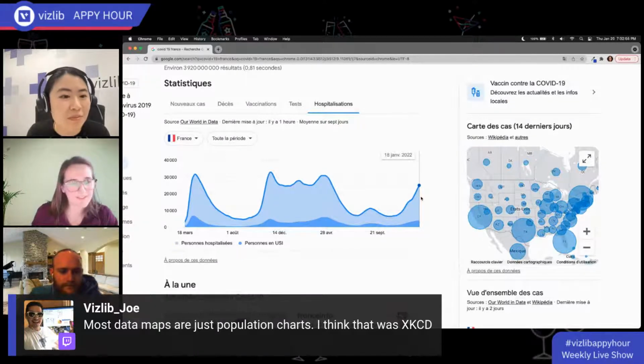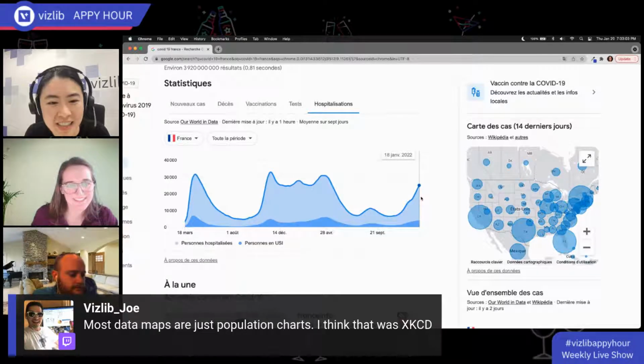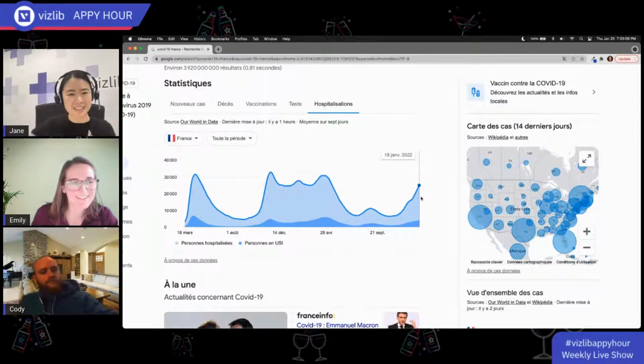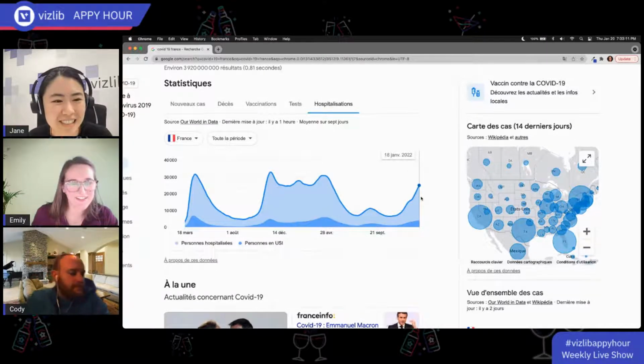Sorry, Joe has just said most data are just population charts. I agree. I don't know what XKCD is, but I do agree. Usually map data is just population data. And in Yogi's comment before that, he was talking about survival and death rates often not being normalized, and it's for a purpose.